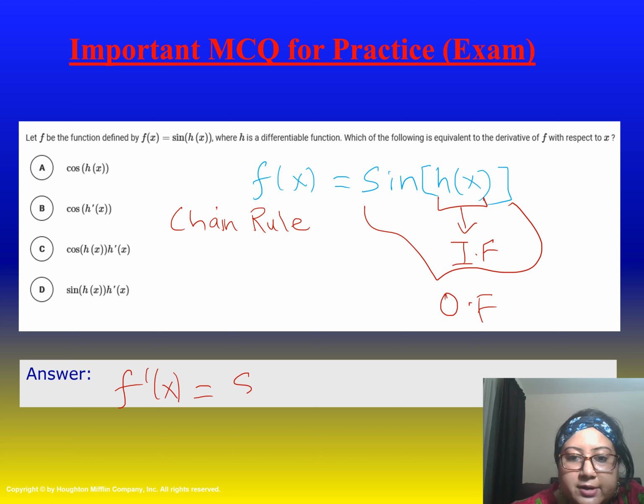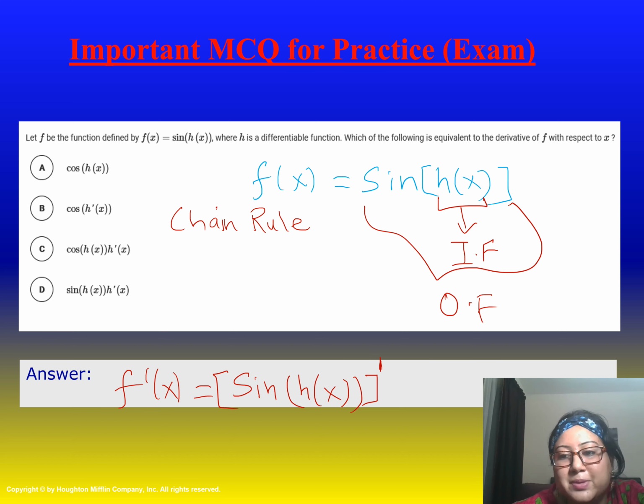So first you take derivative of sine of h(x). This will help you from the beginning of the slides where we had recalled the trigonometric rules. If you would have paid attention that time and if you have learned your trigonometric derivatives, then this will be pretty easy for you.